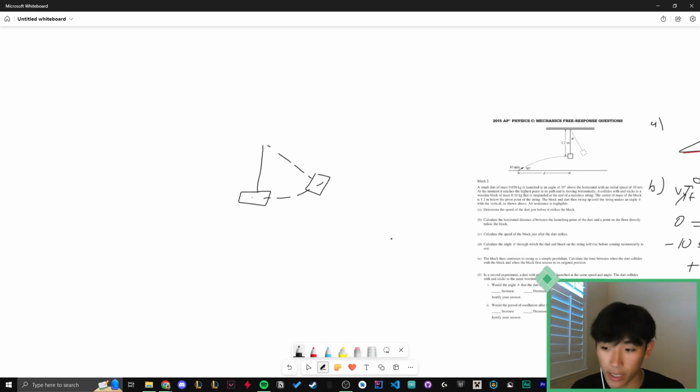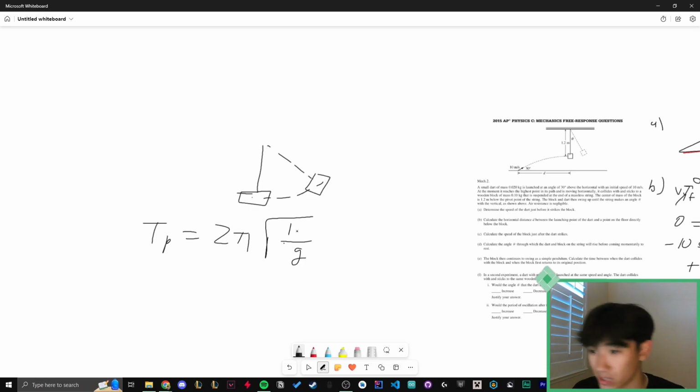A period is a full cycle, back and forth, right? But it didn't go back and forth. It went only halfway. So if we take the simple equation, the period is equal to 2 pi square root of L divided by g, where L is the length of the string, then we should be able to find this pretty easily.